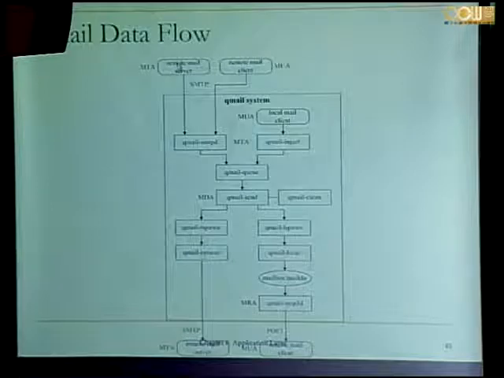On the other hand, if the mail is from a remote mail server, then the mail is received and put into the memory queue, and then cleaned up by Qmail send, and most likely it'll be delivered to a mailbox.